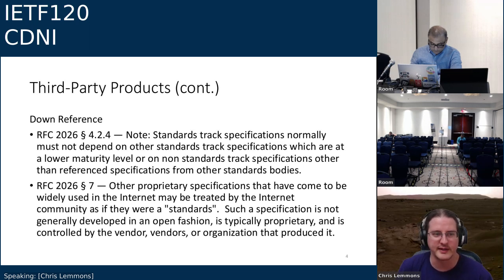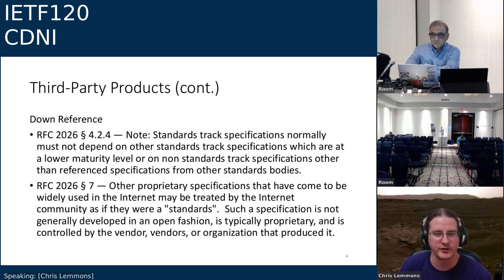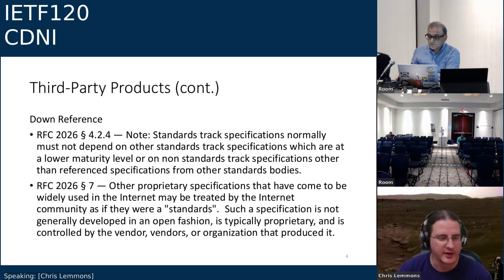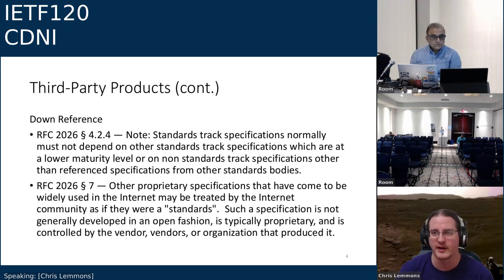RFC 2026 says standards track specifications normally must not depend on other standard track specifications which are at a lower maturity level, and then it defines other proprietary standards that have come to be widely used may be treated like standards, but it is proprietary and it doesn't qualify as a standards track document. So that means that where we can, we should avoid normative references to non-standards track documents.